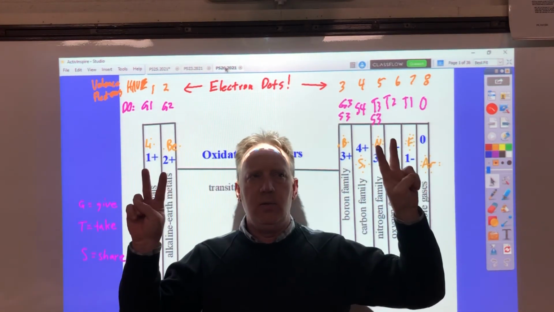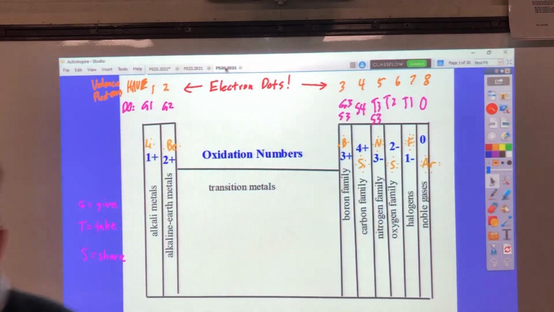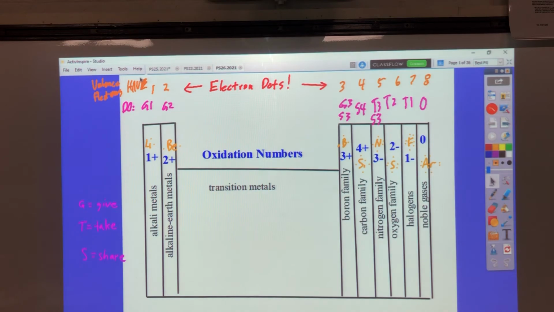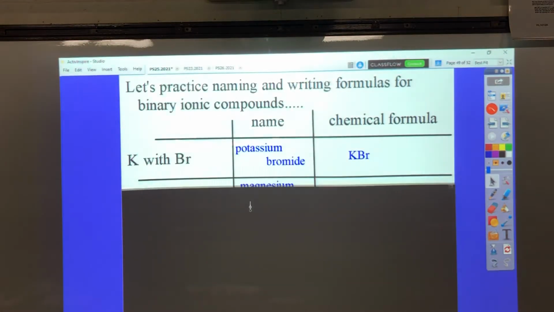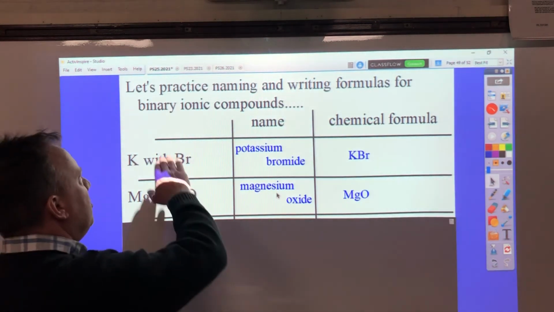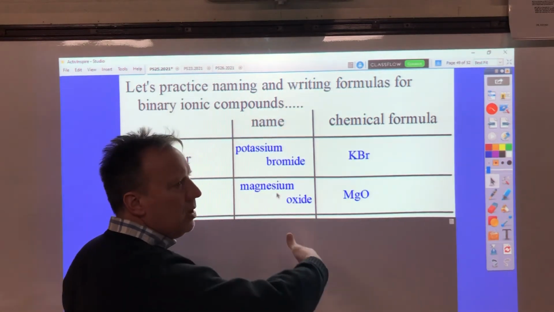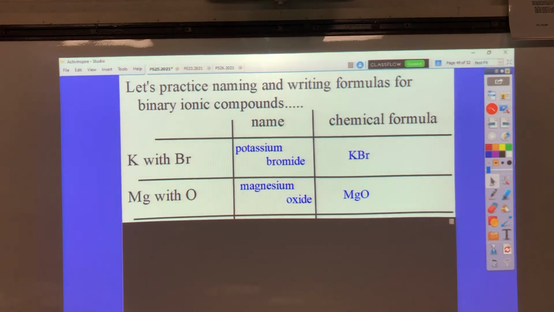Gives 2, takes 2. Does this match? Yes, it matches. So if it matches, what's the chemical formula? MgO. One of each. And the name is magnesium oxide. These are binary ionic compounds. They're all going to have a second name that ends in "ide." Okay, next one.